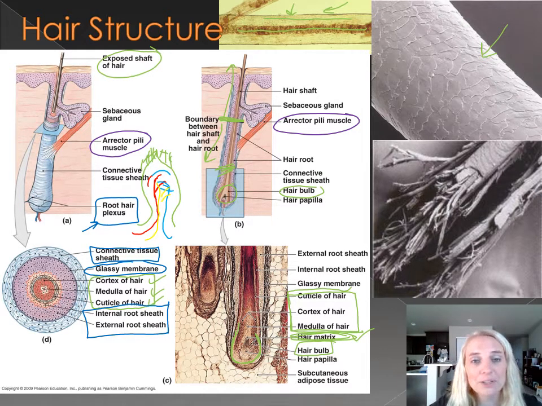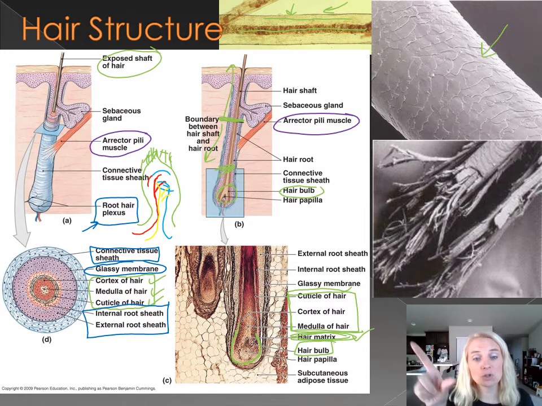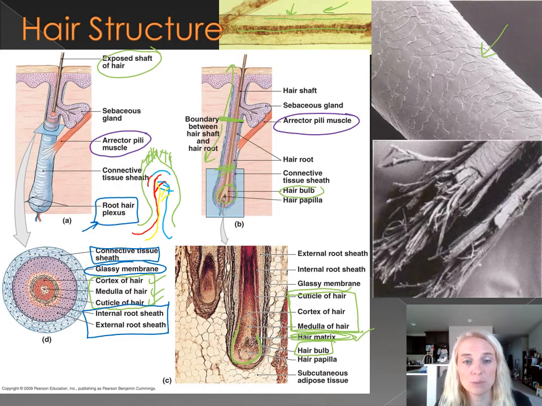The erector pili muscle is responsible for goosebumps. So when you are cold or nervous or scared or anxious, the erector pili muscle is smooth muscle, so it's involuntary. You cannot control it, but it contracts, and what it does is actually pushes a hair follicle up a little bit and pulls down on the surrounding softer, flexible skin.